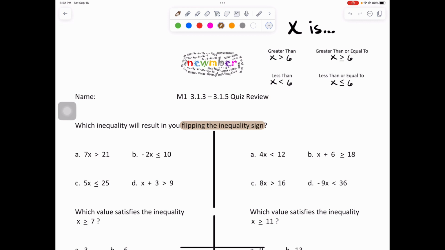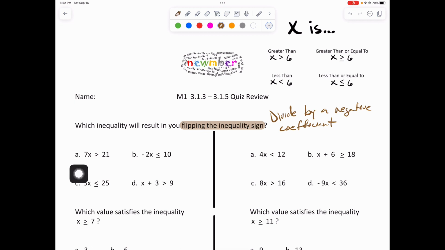What you need to know is, at the end of your last step, when going through an inequality, if you divide by a negative coefficient, you have to flip the inequality at the end, even if it's just negative x, because that negative has an imaginary 1 there, and we need our x to be positive. Okay, so that's all we're looking for, and the coefficient is just the number smushed together with the letter, which is a variable. So let's just go through our answer choices.